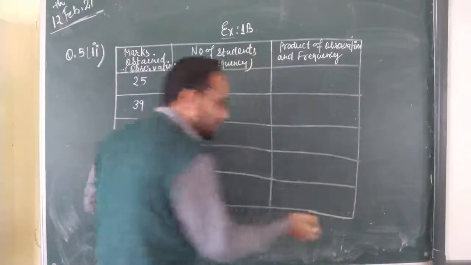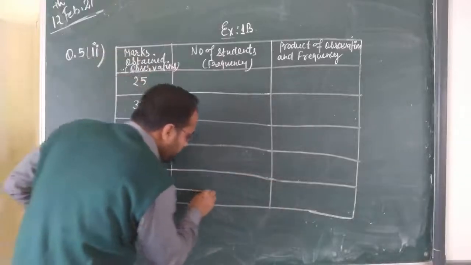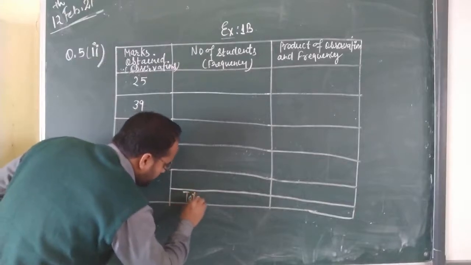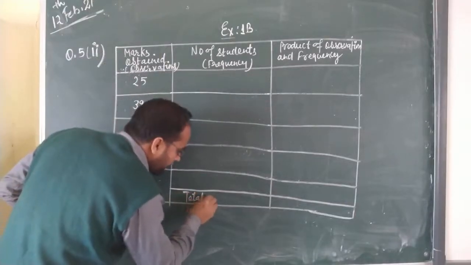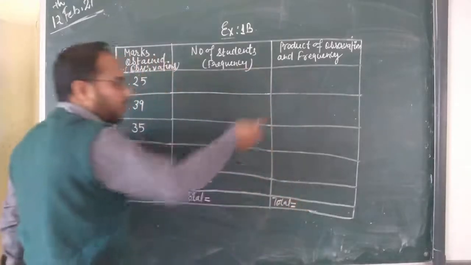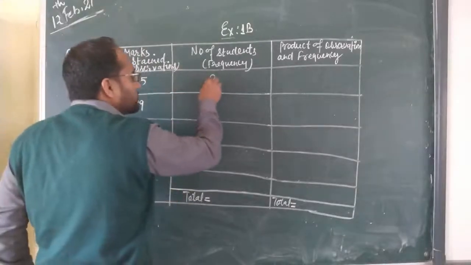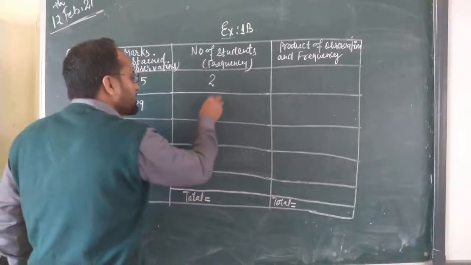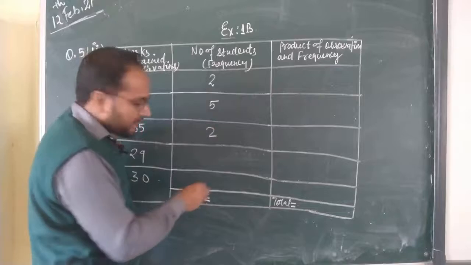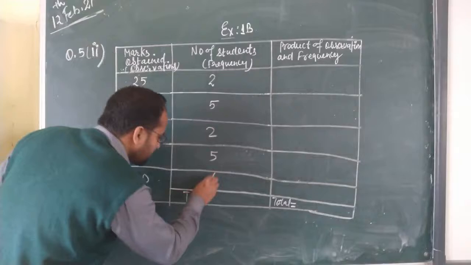Number of students: our aim is to find the total. Here also we want to find the total of the products. For 25, the number of students is 2, for 39 it is 5, for 35 it is 2, for 29 it is 5, and for 30 it is 6 students.